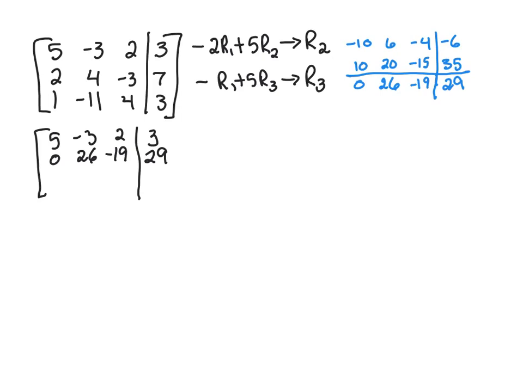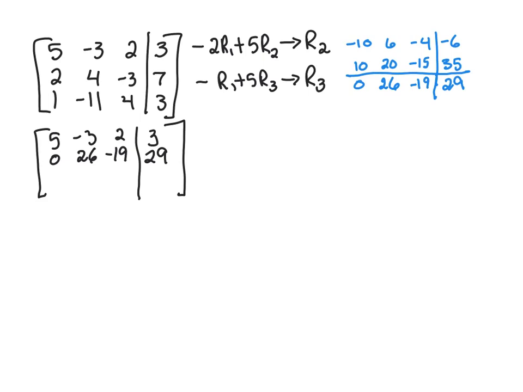Now, a lot of the books and a lot of the teachers would copy row 3 down the way it is here, put it right here, and then do this step separately. But you see I replaced row 2 and now I'm using rows 1 and 3, so it doesn't really matter. I can do both things at once.